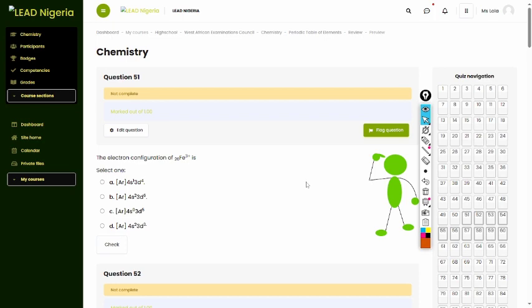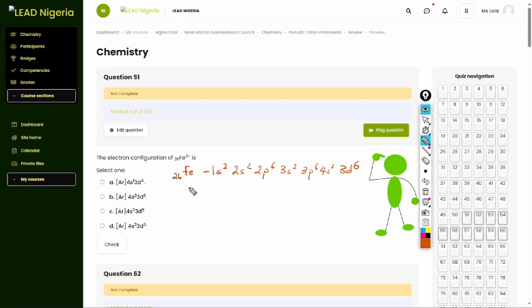Alright. The electronic configuration of iron 3 plus is, so let's find out. Iron 3 plus means iron has lost 3 electrons. So we need to write out the electronic configuration of iron and then the electronic configuration of iron 3 plus. Iron has a configuration 1s2, 2s2, 2p6, 3s2, 3p6, 4s2, and 3d6.